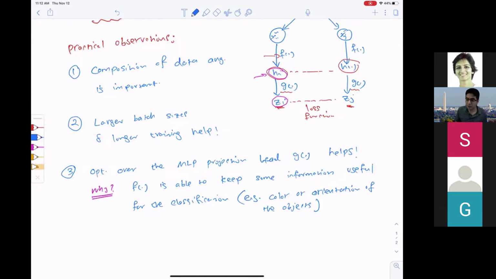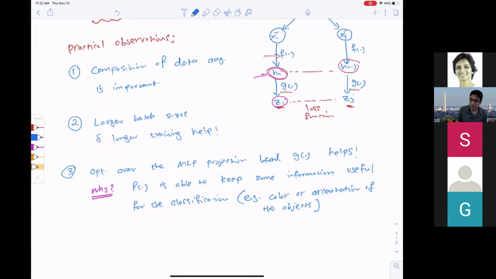there are some correlations between some potentially non-informative features like color, orientation of the object with the label. Right? So if all of the cats are somehow oriented in a particular way, if you rotate a cat, it is still a cat. But in your training and in your test time, there may be some correlation between some of these variables like orientation with the label, and having such additional variables can improve your downstream classification.